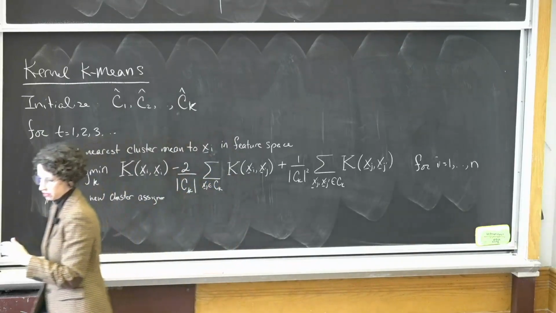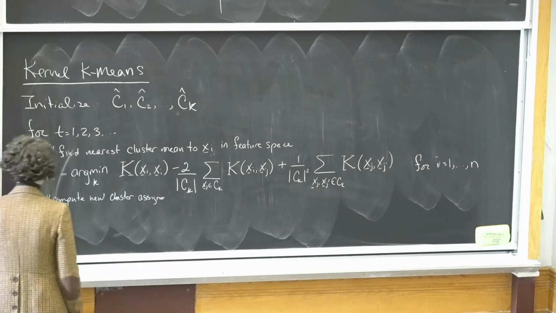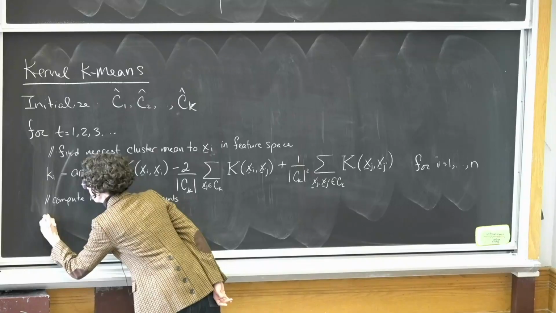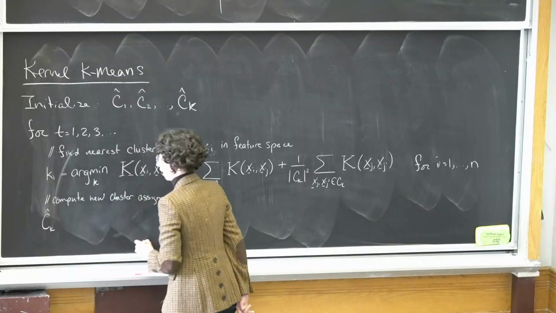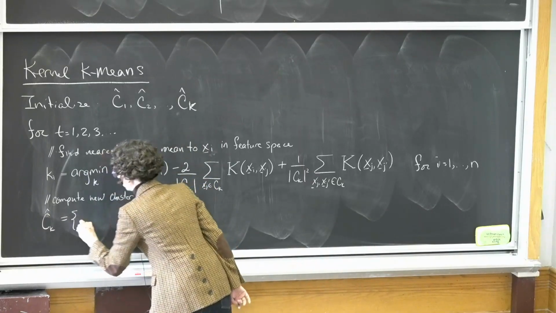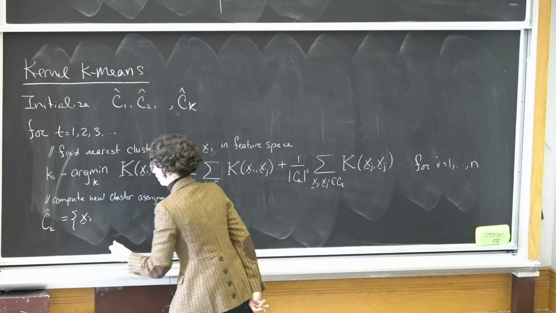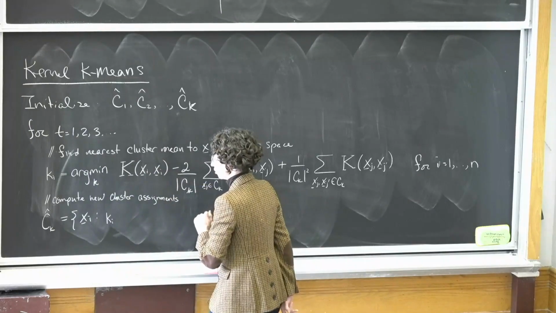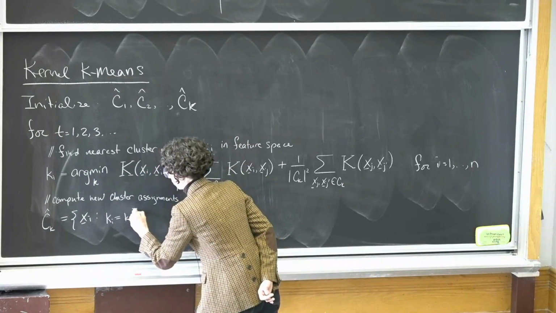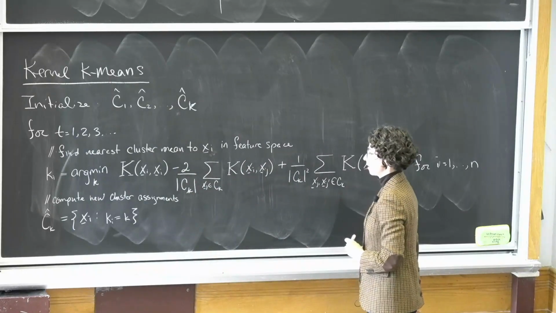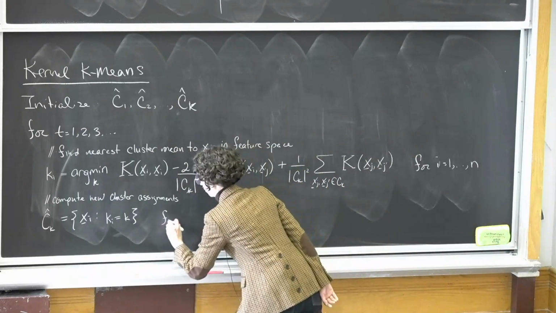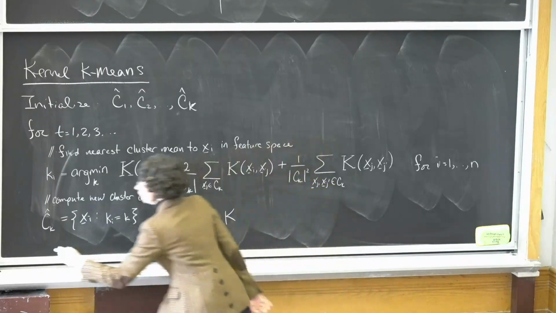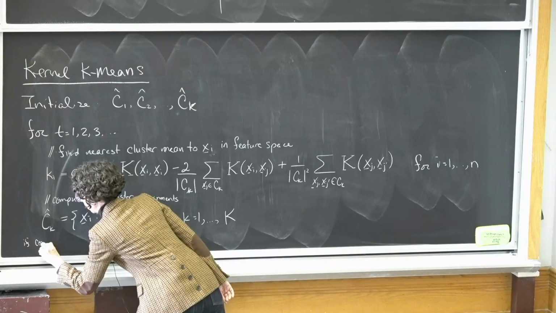In particular, I'm going to say my new cluster K is going to be the set of all the xi's where the corresponding ki that we just calculated is equal to k. And we do this for k equals 1 through capital K. And then if converged, stop.